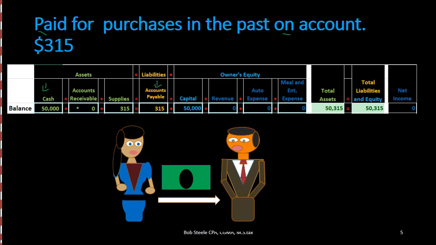One, cash went down, and cash is on this side or the left side of the equal sign. And if this is the other account affected on the right side of the equal sign, then it too must be going down. We also know that the payable must be going down because the payable represents what we owe, what the business owes to a third party, to a vendor.